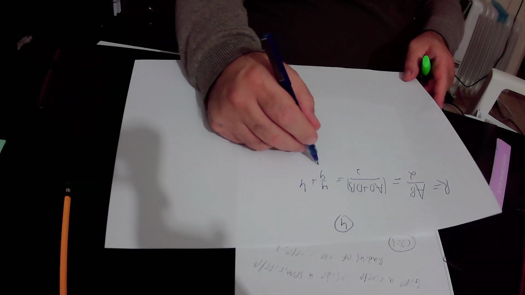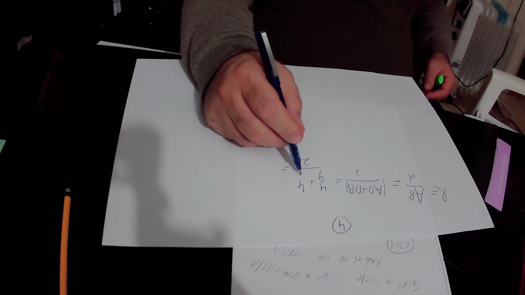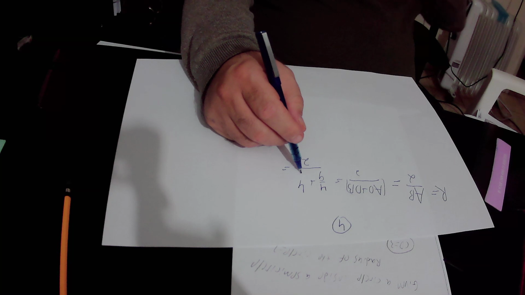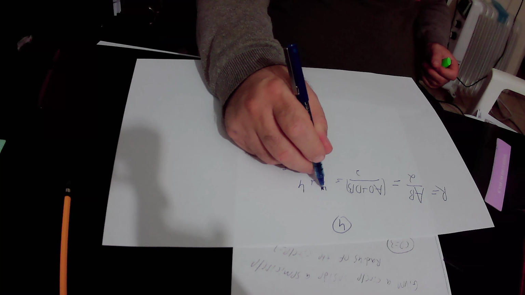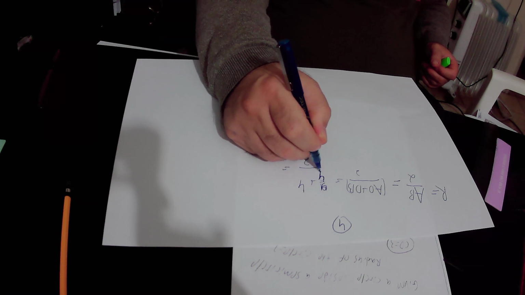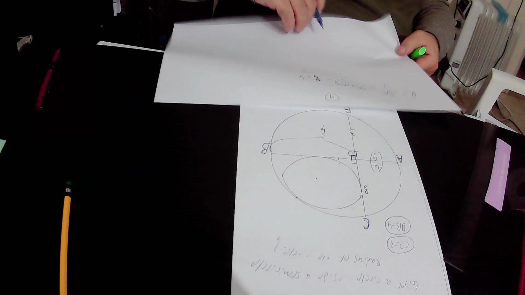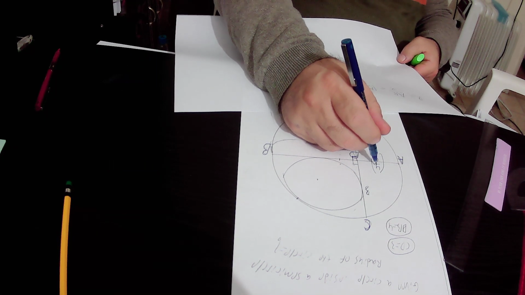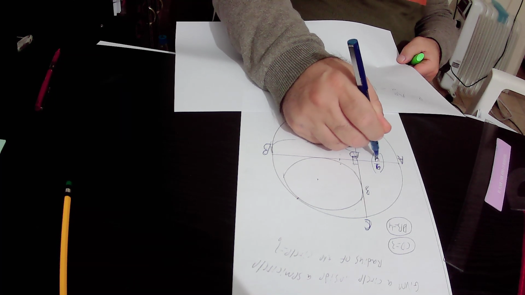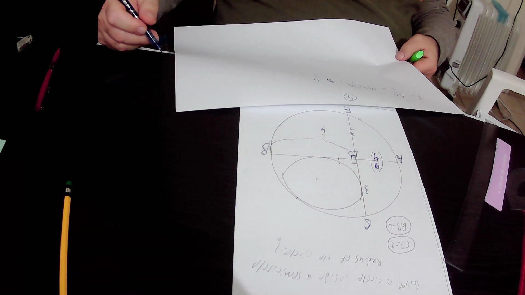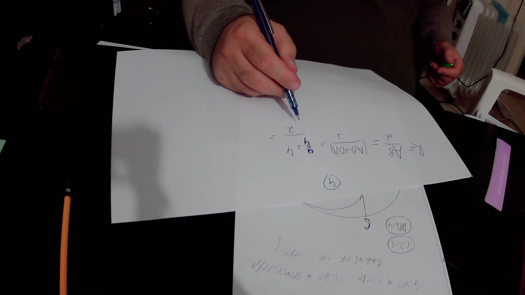And then we have to divide it by 2. Made a mistake earlier: AD is 9 over 4. So AD is 9 over 4 plus DB, which is 4, over 2.